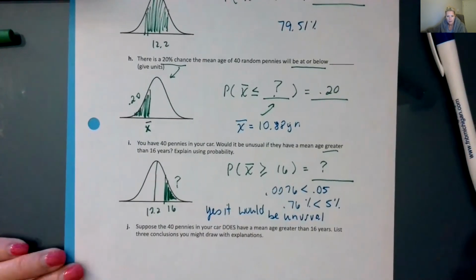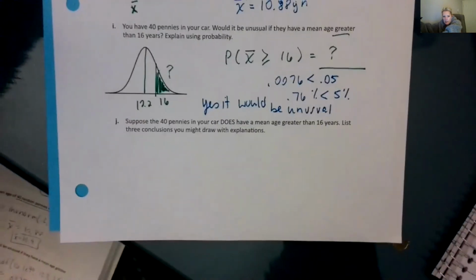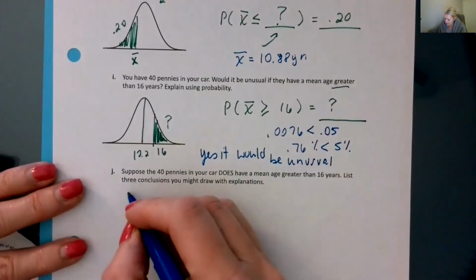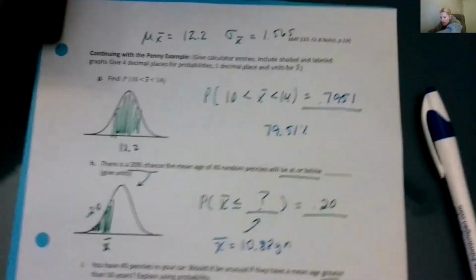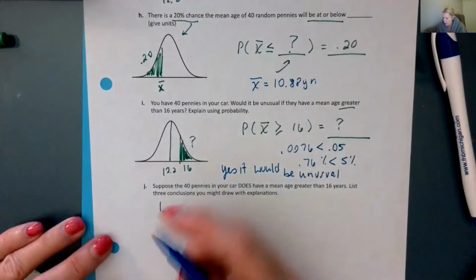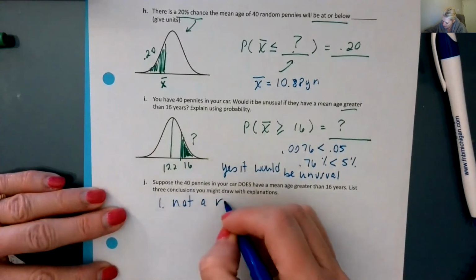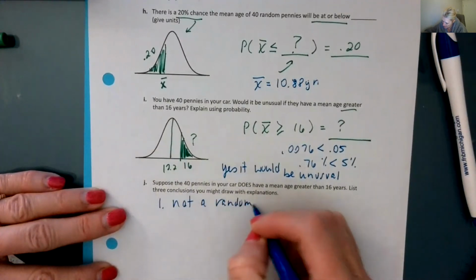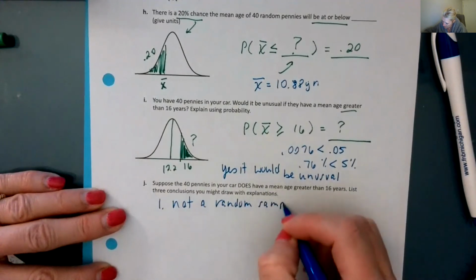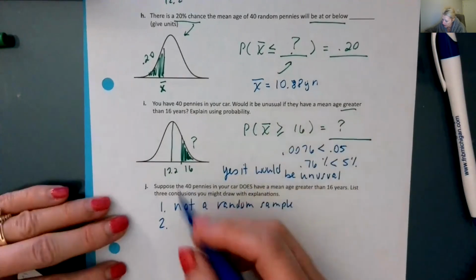It says, suppose the pennies in your car do have a mean age greater than 16 years. List 3 conclusions you might draw with explanations. Okay, so I guess it could be, maybe we didn't actually have a random sample, some kind of a biased sample. It could just be a fluke, right?